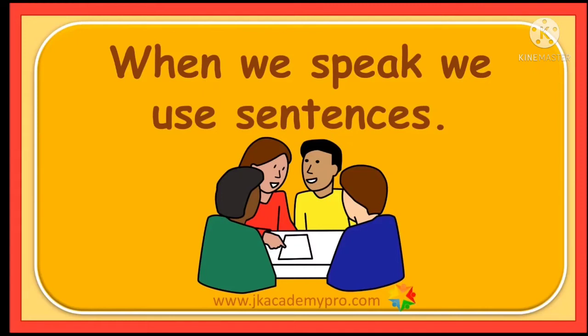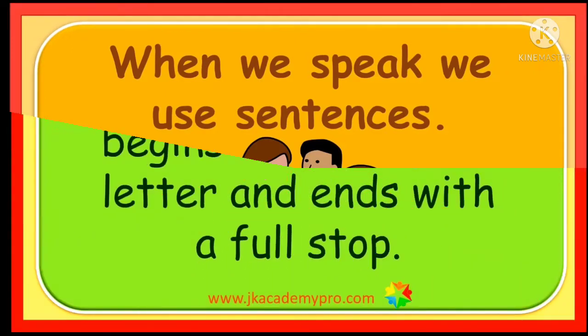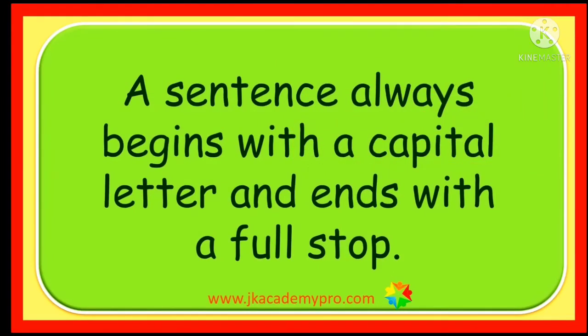It means our language is made of sentences. We need words. We need vocabulary to make a sentence. And when we join these words together, it makes a sentence. And when we speak a sentence, we express ourselves with the help of sentences.